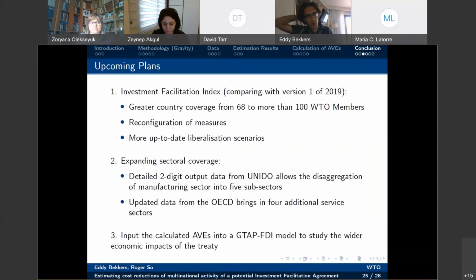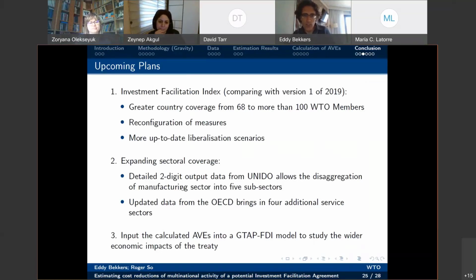And then an outlook of where we want to go. Hopefully, we can borrow from the ongoing literature by Zoriana and the team to extend the coverage to more regions. Then we can also come up with more up-to-date liberalization scenarios.